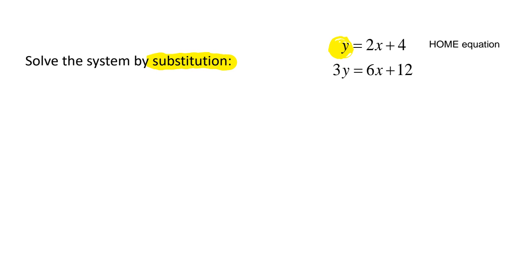Now, what do we do with the home? Well, what we're going to do is take this green part of the home and put it in where y appears in the second equation. But how do I do that? I take the 3. Now where that y is, I'm going to put a parenthesis. And inside that parenthesis, I'm putting 2x plus 4 equals 6x plus 12.